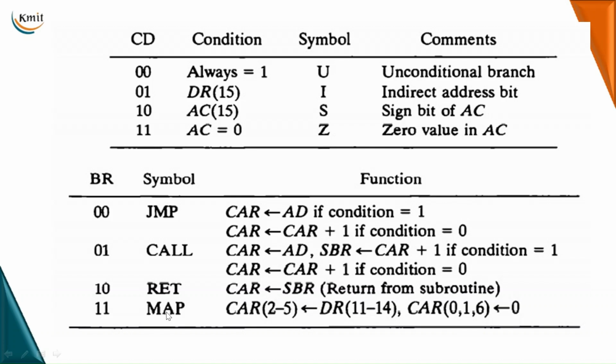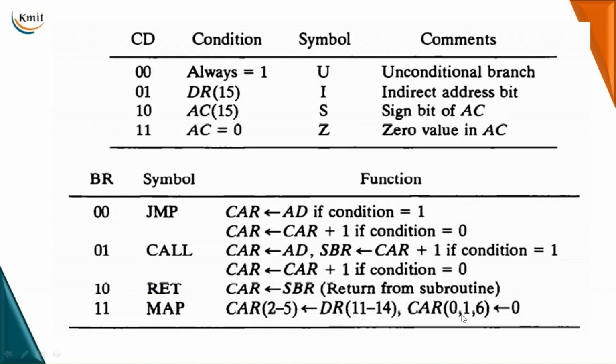Next is the map. This is the mapping technique which is used in address sequencing. The same thing is used here. Mapping is nothing but bits 11 to 14 of the data register, which is the opcode, being transferred to bits 2 to 5 of the control address register. In place of bits 0, 1 and 6 of the control address register, we are giving zeros.